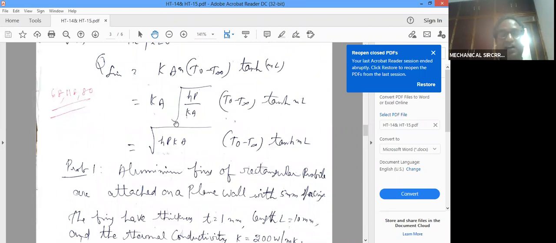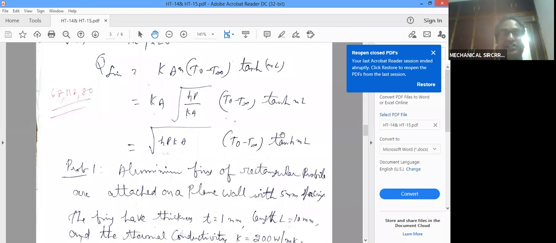And if we simplify this, the heat transfer rate through the fin, second case, when the fin is insulated at the tip, at the end, Q fin is equal to square root of hPkA into (T naught minus T free stream) into tanh mL.